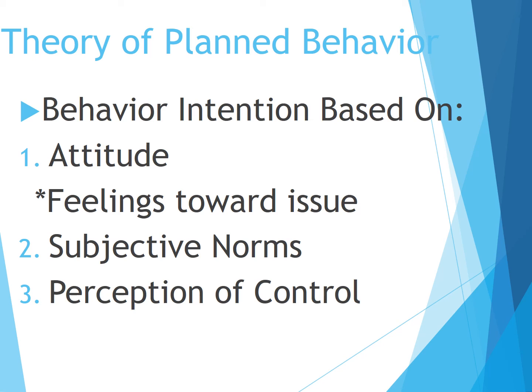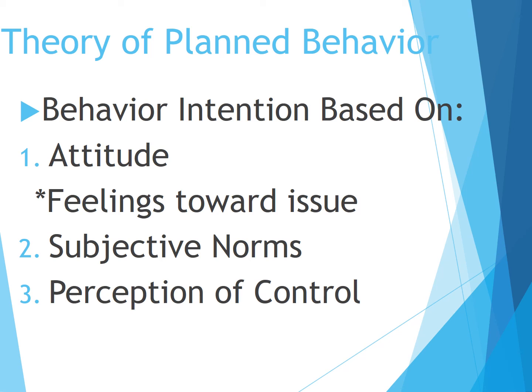However, if all of your friends are smoking cigarettes and you don't perceive that you can quit smoking because you've been smoking for 3 or 4 years already and you feel like you need to have many cigarettes every day, then despite the fact that you have a negative attitude towards the whole issue of smoking cigarettes, you may actually continue to smoke because of the subjective norms of your peer group and also because you perceive that you do not have the control to change the behavior.